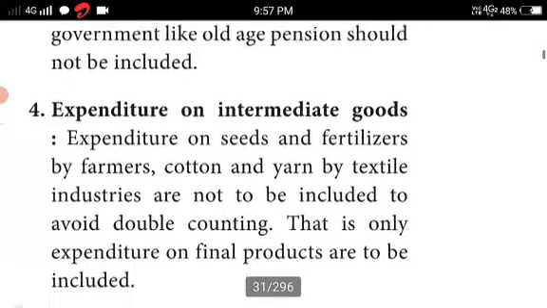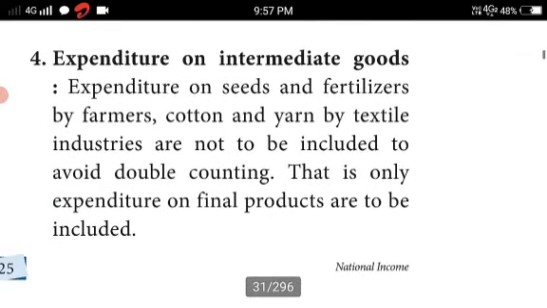And expenditure on intermediate goods. Expenditure on seeds and fertilizer by farmers, cotton and yarn by textile industries are not to be included, to avoid double counting. So cotton into yarn, yarn into garments.